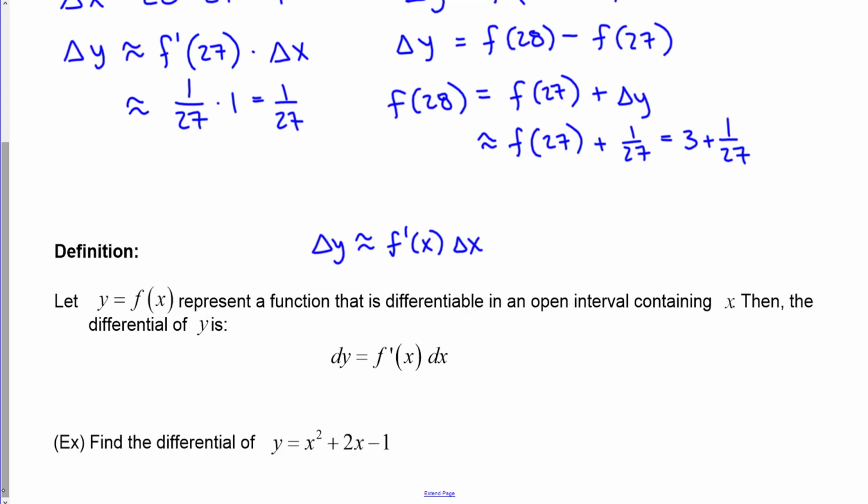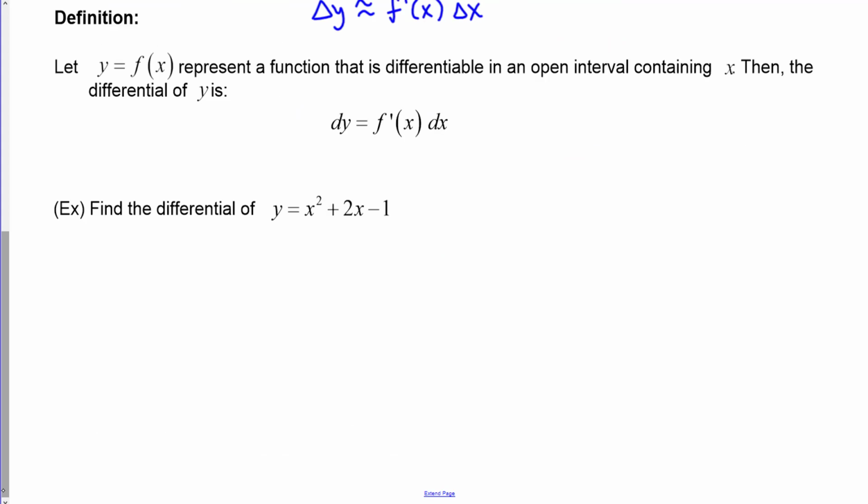So let's find the differential of y equals x squared plus 2x minus 1. So the differential of y is going to be the f prime of x, which in this case we will call y prime. The derivative here is just 2x plus 2. So 2x plus 2 goes here, then times dx.